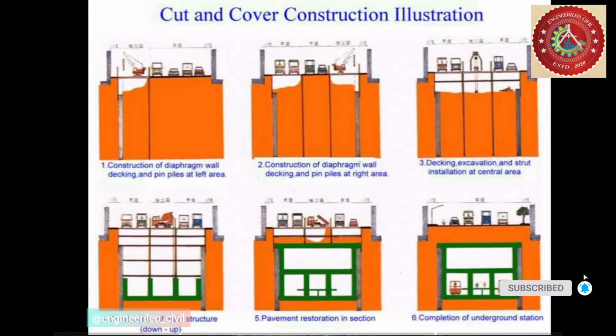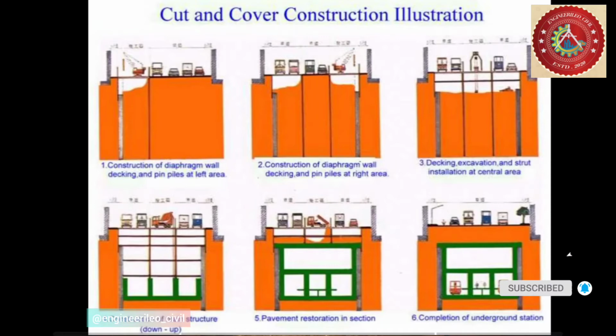Then after that, the struts are installed at the centermost area in the third figure. In the fourth figure, you can see the up-down main structure, right? In the fifth figure, you can see the pavement restoration in section. And finally, in the sixth figure, you can see the completion of the underground section.